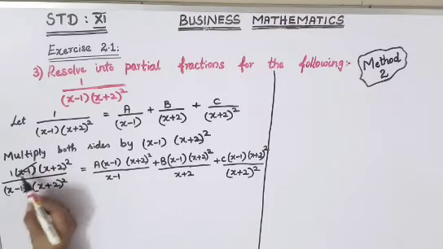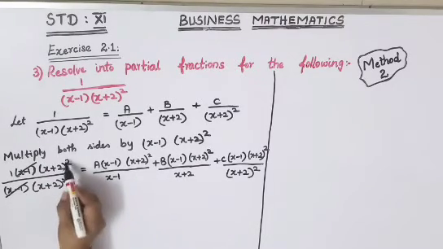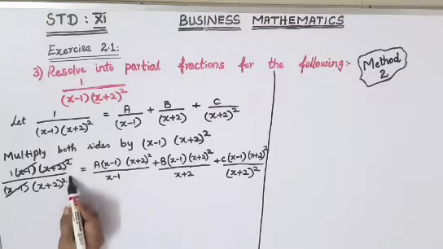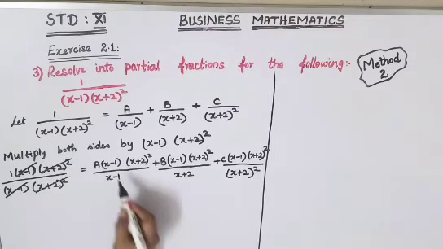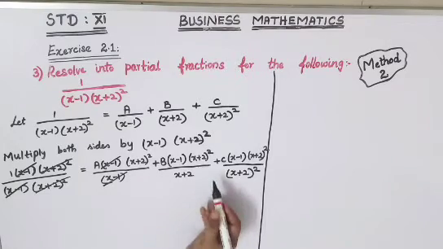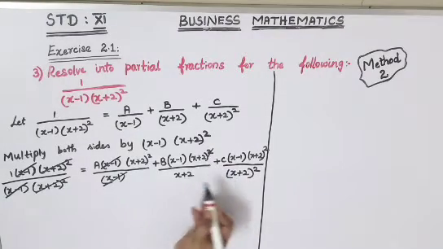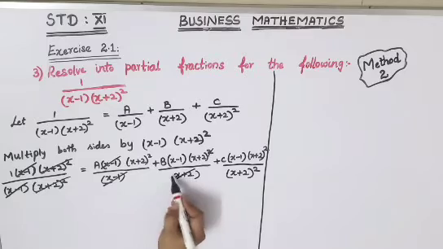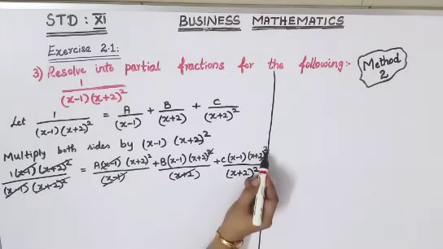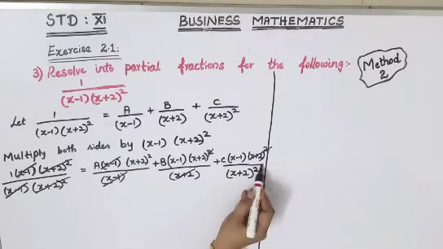Now you can go for your cancellation. Here x minus 1 will go, and x plus 2 the whole square cancels. For the b term, one x plus 2 will go against the denominator. And for the c term, x plus 2 the whole square all together will go.